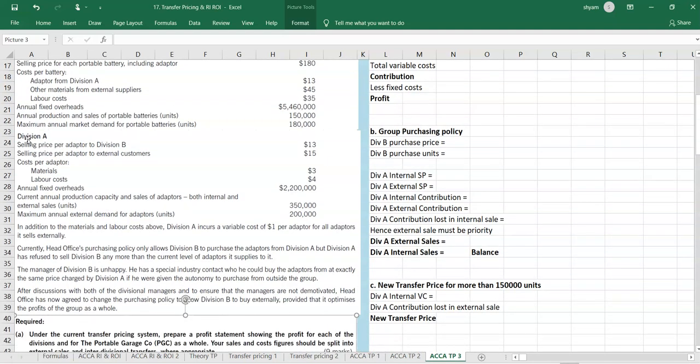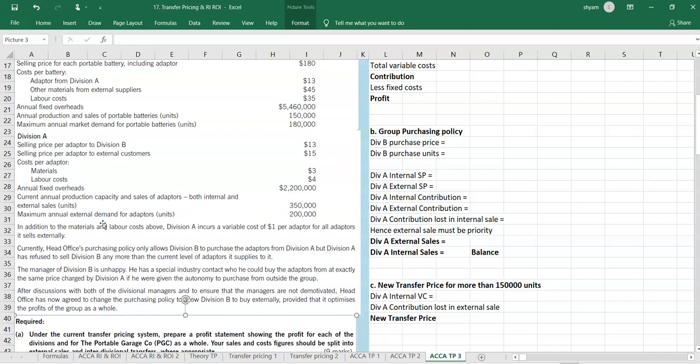Let's look at Division A. Division A's selling price is $13 to Division B. To external customers they sell it at $15. The cost of the adapter is given, material and labor. Annual fixed overheads are also given, and the current annual production capacity and the sales of adapters, both internal and external. Their total capacity is 350,000.